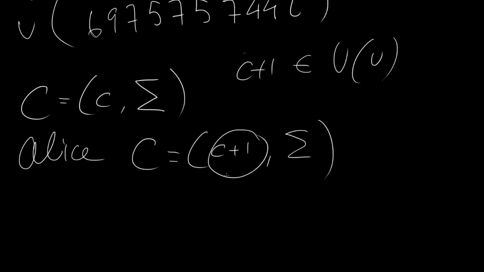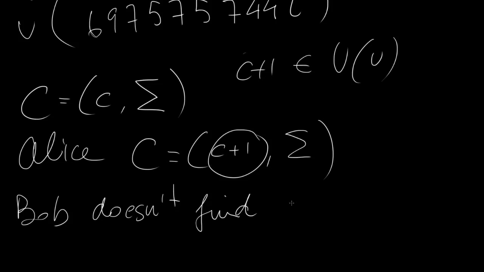At this point, two things are going to happen. Bob doesn't find c+1 in the group U_n. He just doesn't see it. So he knows that there was not a mistake of communication. He knows that Alice had modified c by adding 1 or subtracting 1.